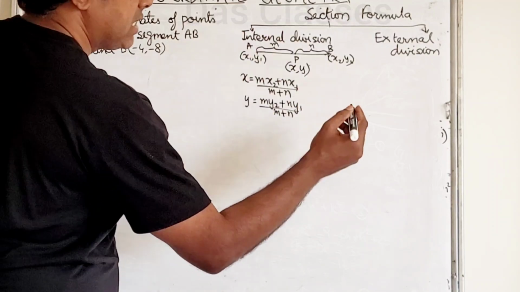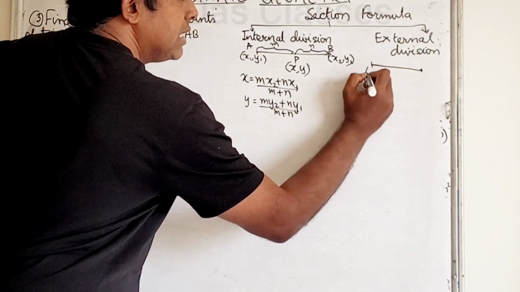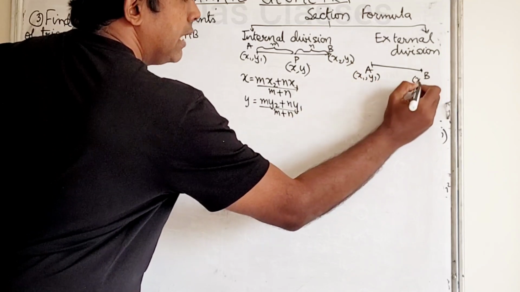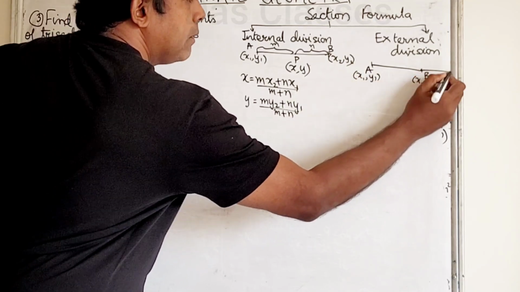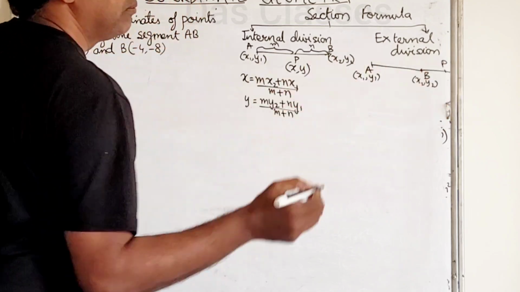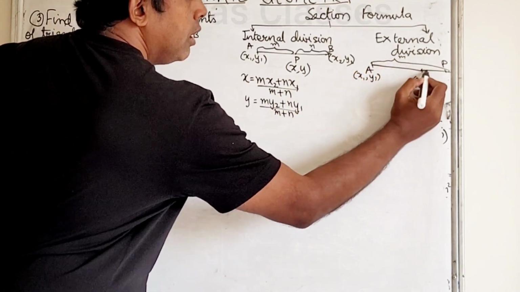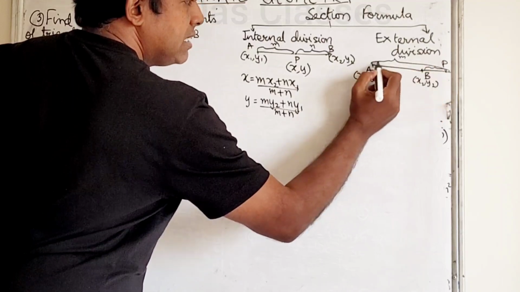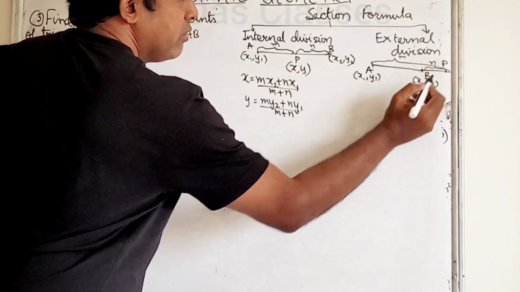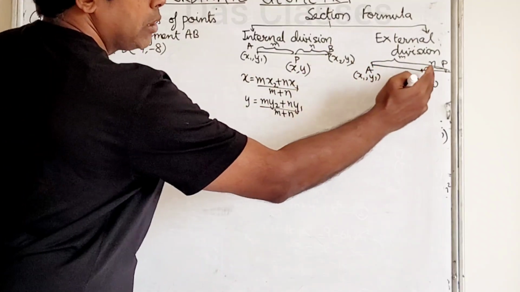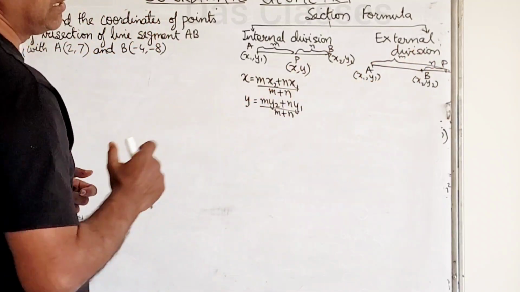In case of external division, the segment AB comes first, x1, y1 and x2, y2, and the point which divides is outside the segment AB. So P divides segment AB externally in the ratio of m to n.